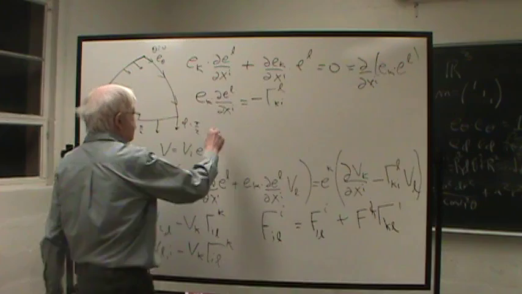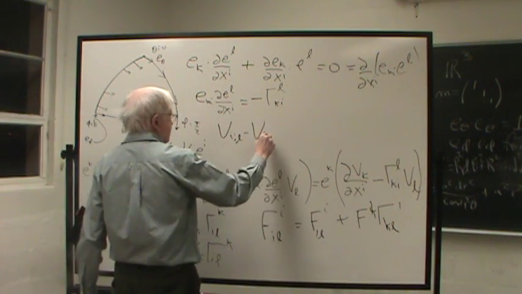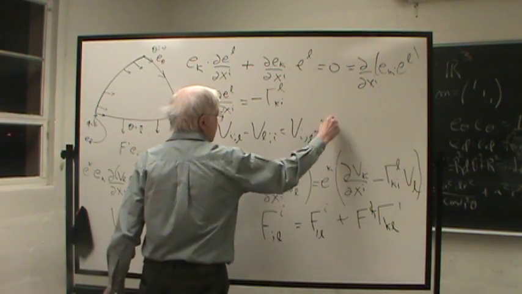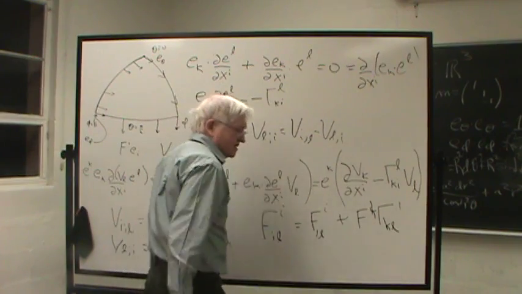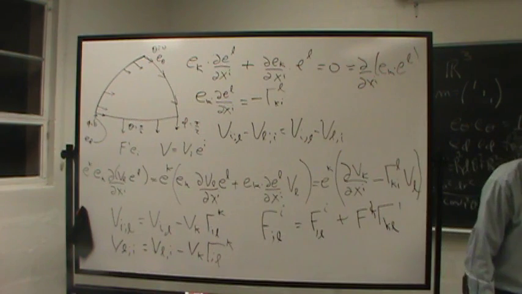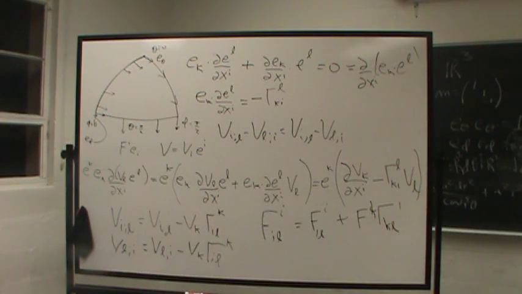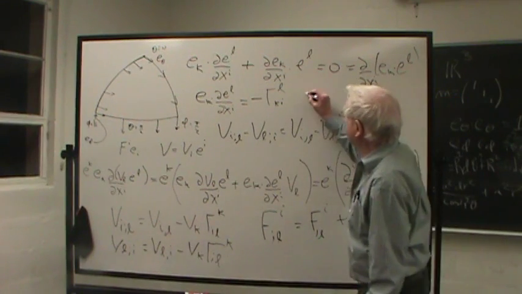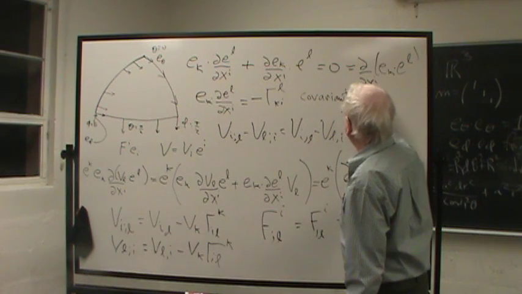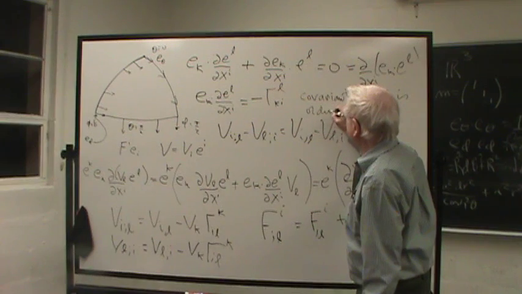And what that tells you is that VI semicolon L minus VL semicolon I is the same thing as VI comma L minus VL comma I. So in other words, the covariant curl is the ordinary curl. Sorry, maybe I should write that down. Covariant curl is ordinary curl.